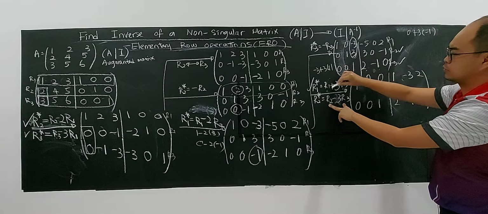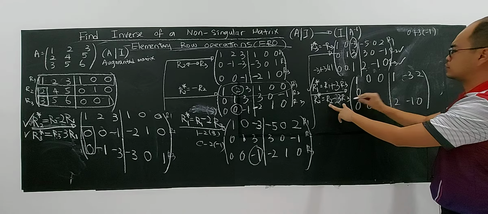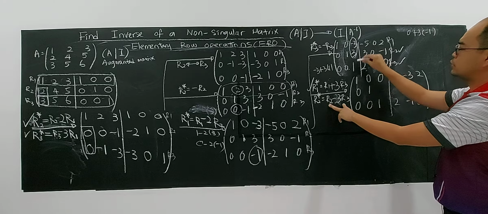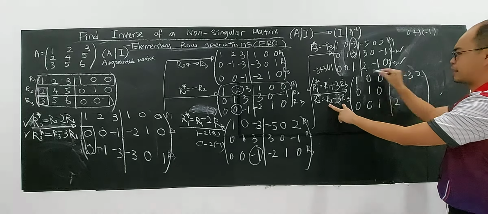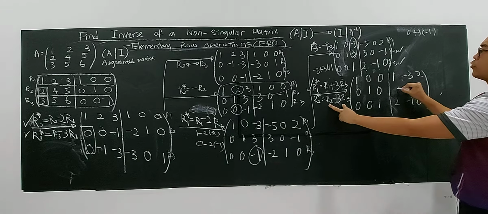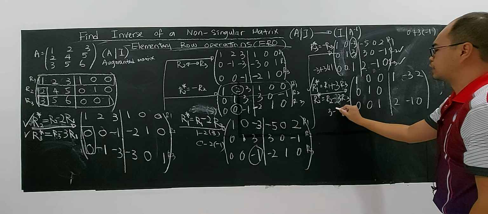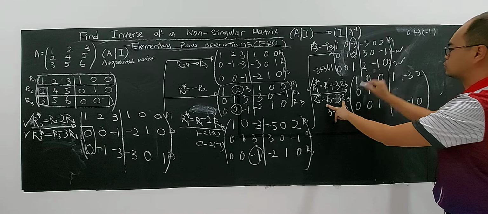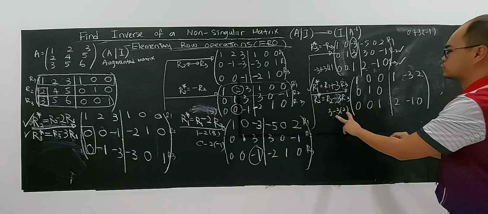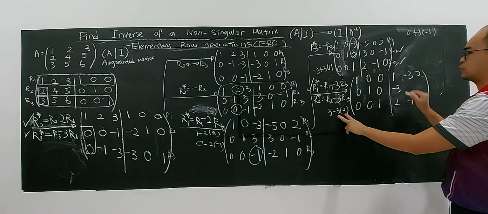So 0 and 0, 0; 1 and 0, 1; 3 and 1, 3 minus 3 times 1, 0. This is the identity. Now 3 and 2: 3 minus 3 times 2. Row 2 is 3, row 3 is 2, 3 minus 6, so you have -3, right?